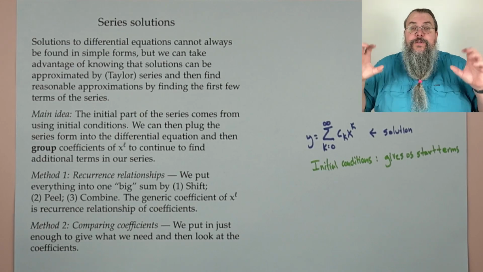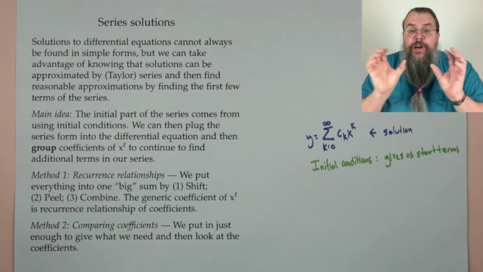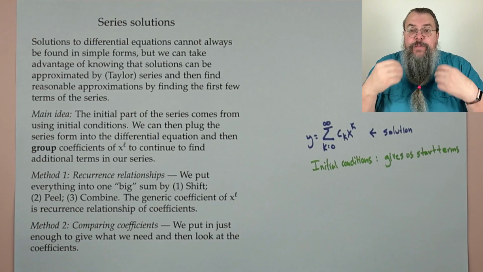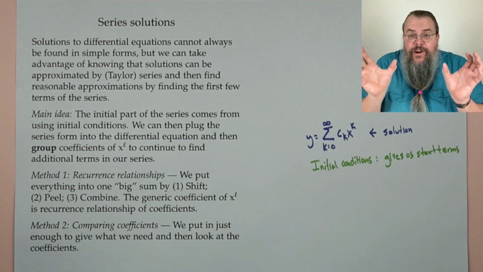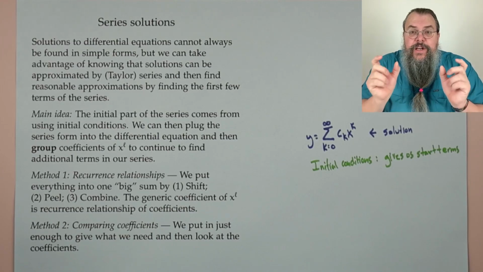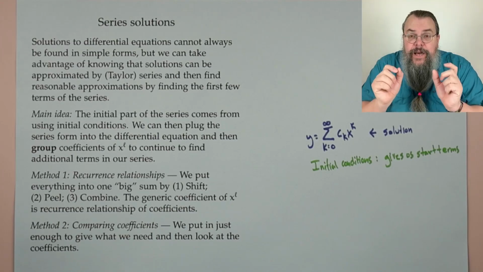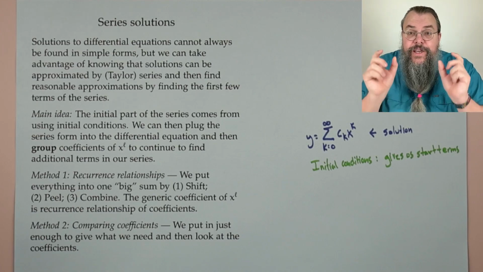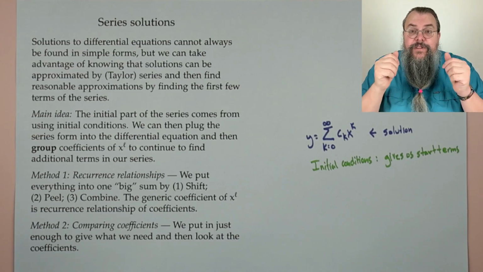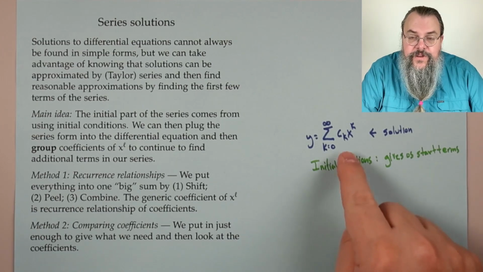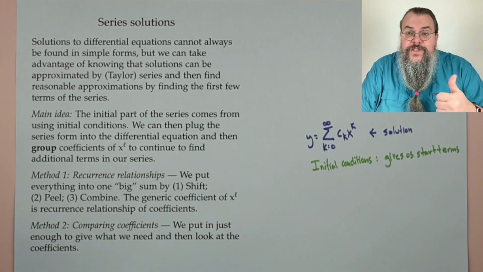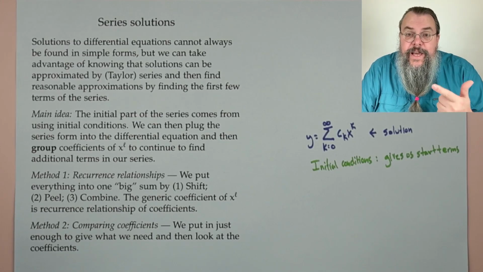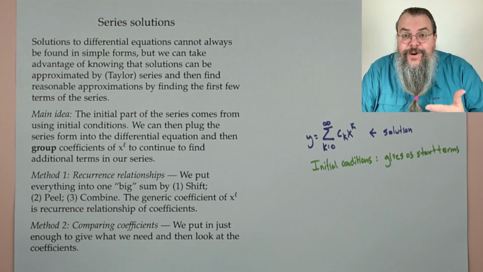So we're really going to push so that all the powers of x to the L are together, and so we can read off coefficients. And now the beautiful thing is every term gives us a new constant. The constant terms will give us our next c. The terms in front of x give us our next one. The terms in front of x squared, our next one, and so forth and so on.